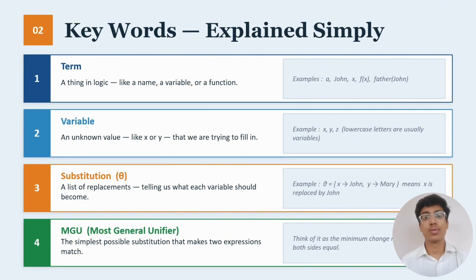First we learned what unification is, and before that we have to learn what first order logic is. First order logic is a way of representing knowledge using predicates, constants, functions, and variables.